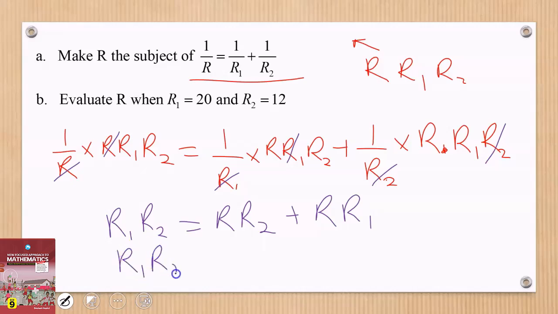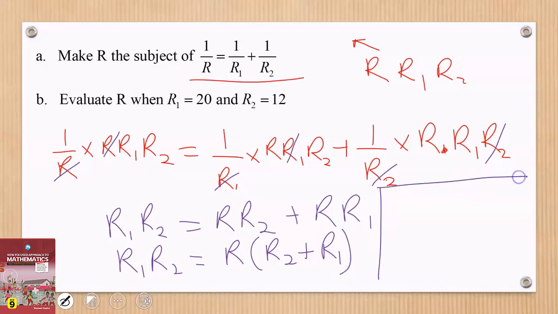So R2 will be equal to R coming out, we have R2 plus R1. And finally, if we divide both sides by R2 plus R1, we have our R to be R2 all divided by R2 plus R1. So that becomes the value of R when we are making R the subject.